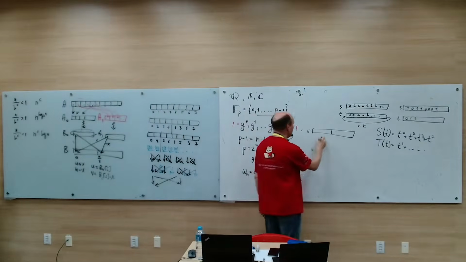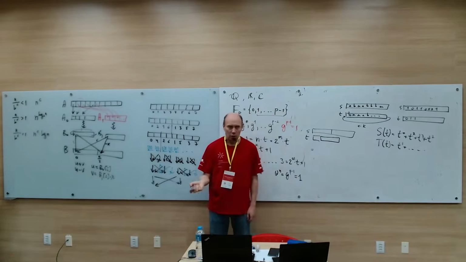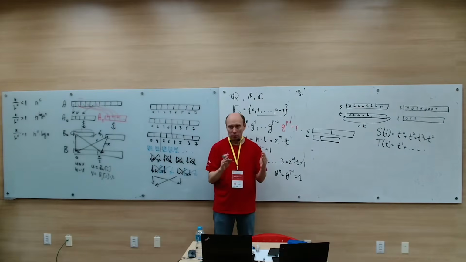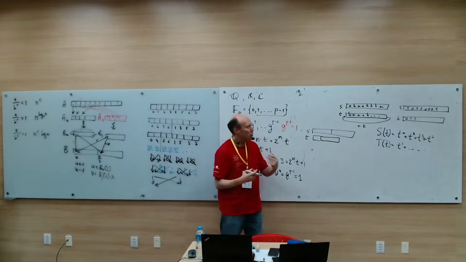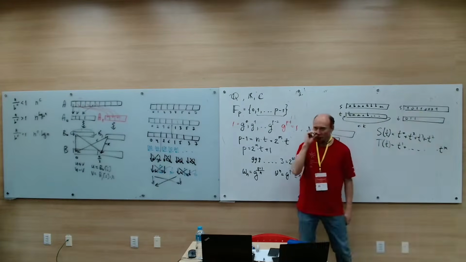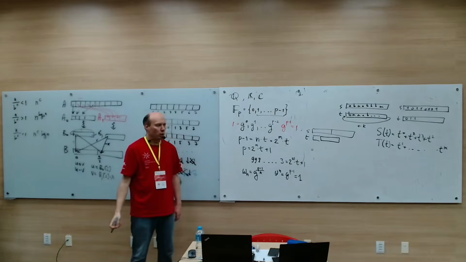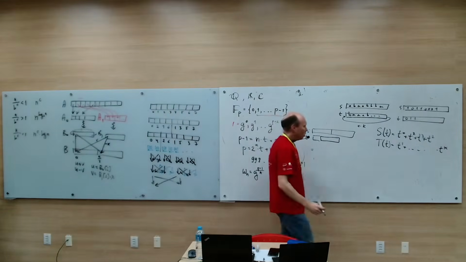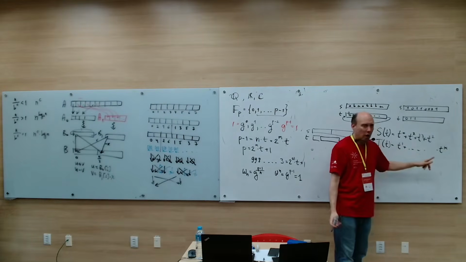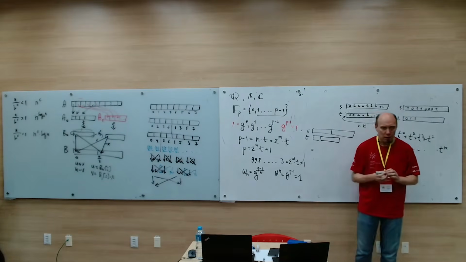And then T may be considered not circularly shifted, but just shifted to the right. And that corresponds to multiplying this polynomial by t to the power of k. And we want to find the number of matching pairs here, and choose such k that it will be maximal.